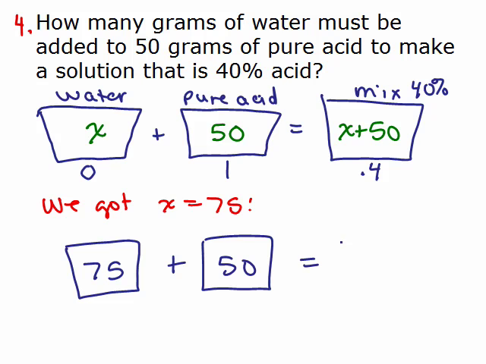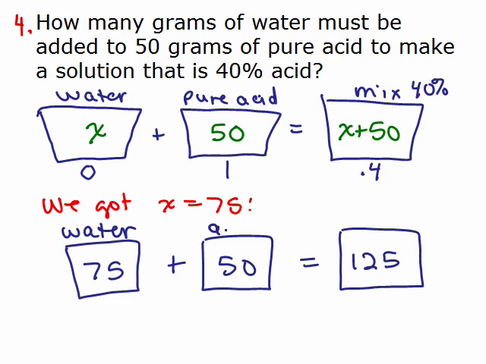There was 50 grams of acid. And so in the mixture, I've got 125 grams. 75 plus 50 is 125. So this was the water, the acid, and the mix. And each had a certain concentration of acid, which was 0, 1, and 0.4, right?